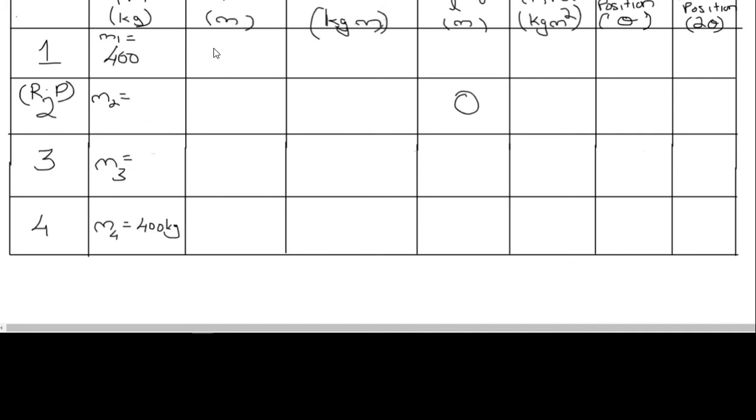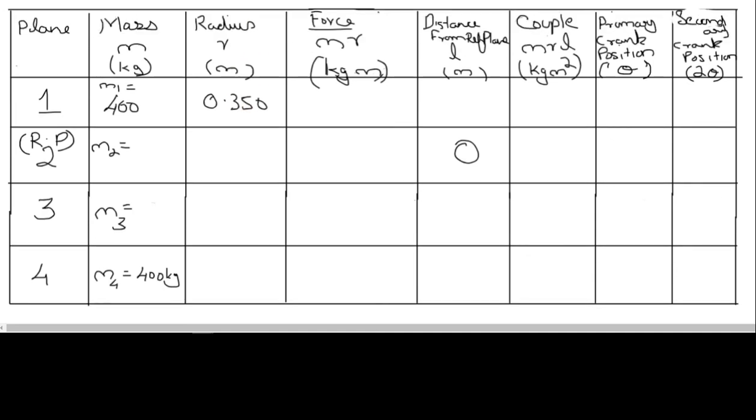And the radius is given. All the cranks are at a radius of 350 mm, or 0.35, 0.35 and 0.35. And the centrifugal force will be the product of radius and the mass, that is centrifugal force divided by omega square, since all the cranks are rotating at the same angular velocity.